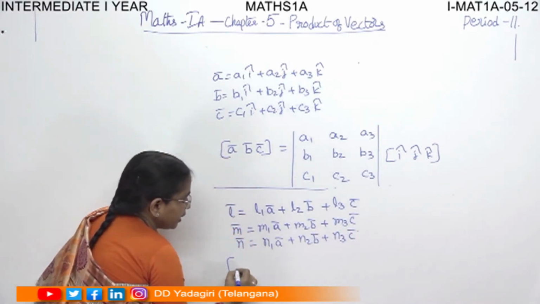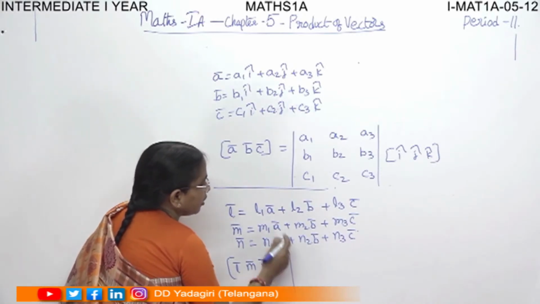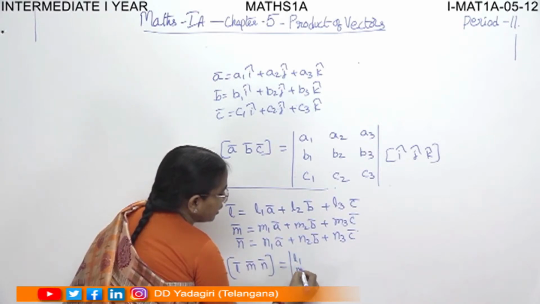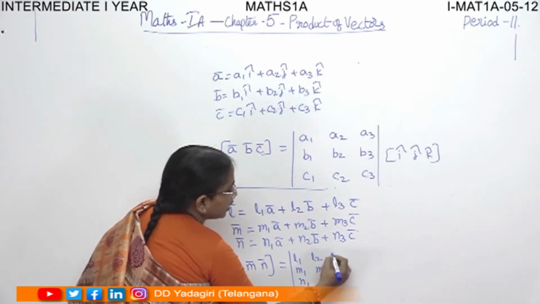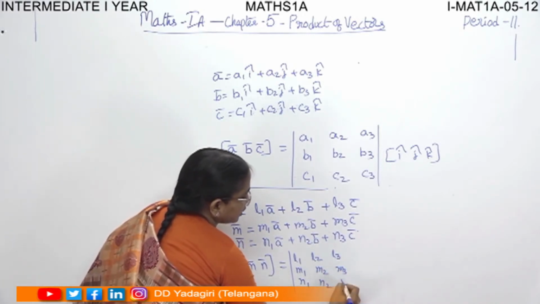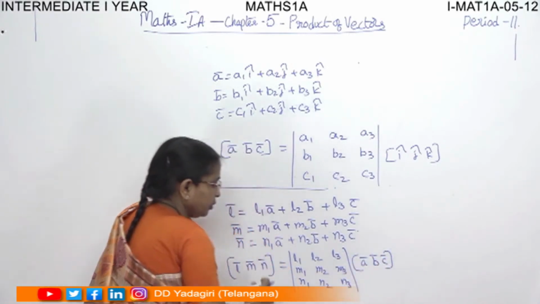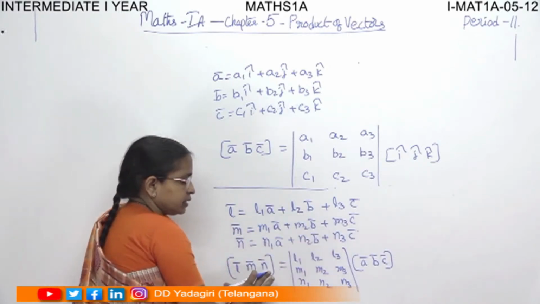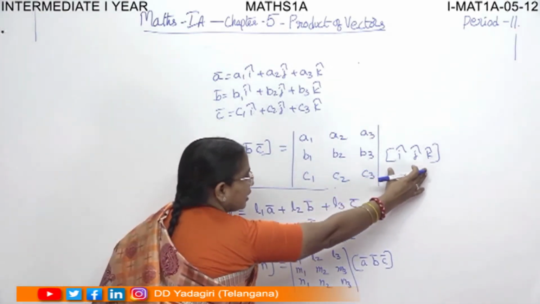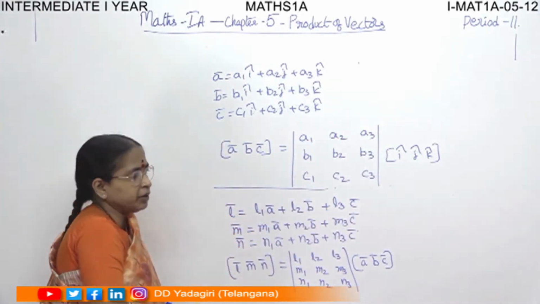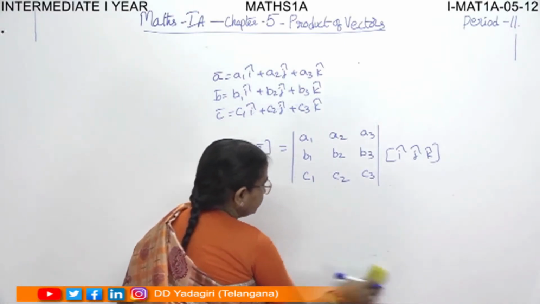Then the box product of these vectors L, M, N is equal to the determinant of A coefficients, that is L1, M1, N1, next L2, M2, N2, and then L3, M3, N3 into the box product of ABC. This is the most general formula. So if it is in terms of ijk, it will be like this. Now this value is 1, so you will just write the determinant value.